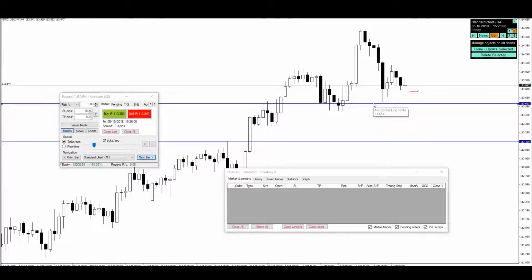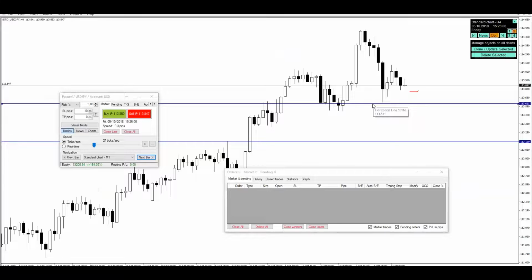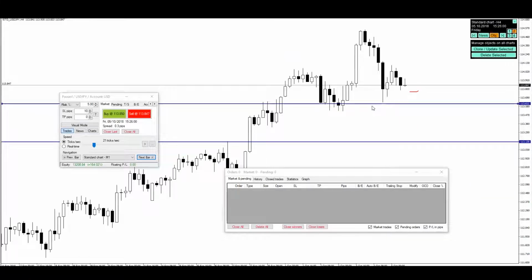So this could potentially mean that we might push down. So we're going to have to see. Either we're going to push down or we're going to push up. There's also a liquidity area right up over here on the 4 hour.